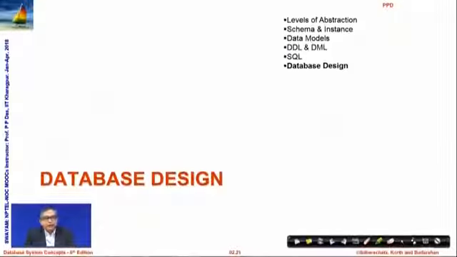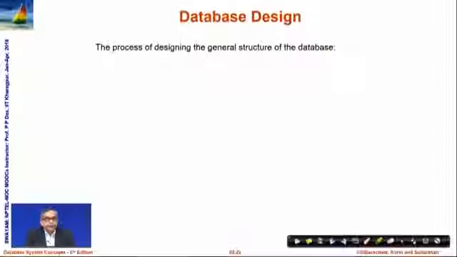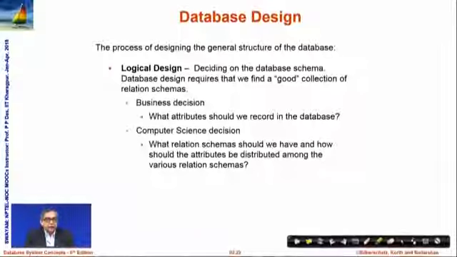Coming to the database design aspect, this is a process through which databases need to be designed, and certainly the first part of the design is the logical design, where you need to identify what the schemas are, what constraints apply, and what authorization is required. The first set of decisions about those are related to the business.